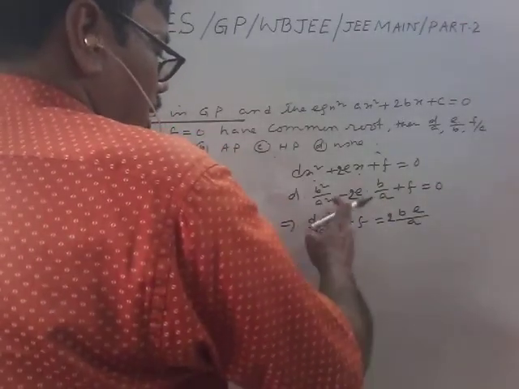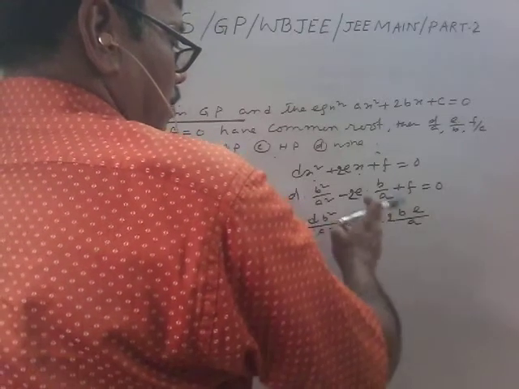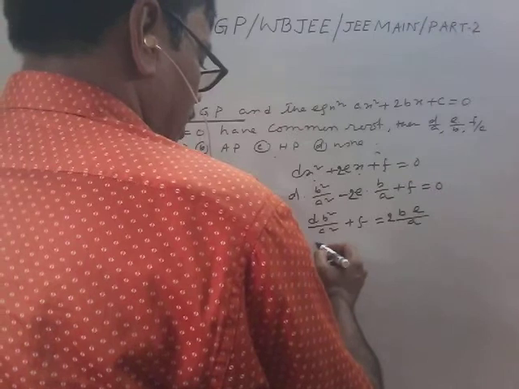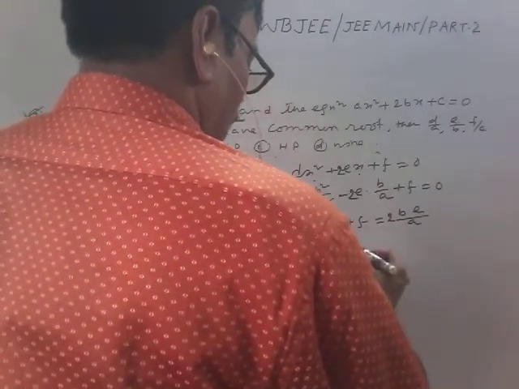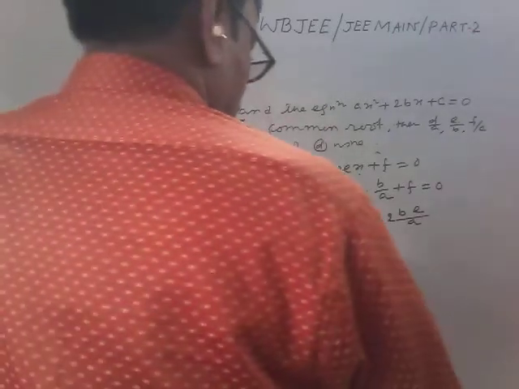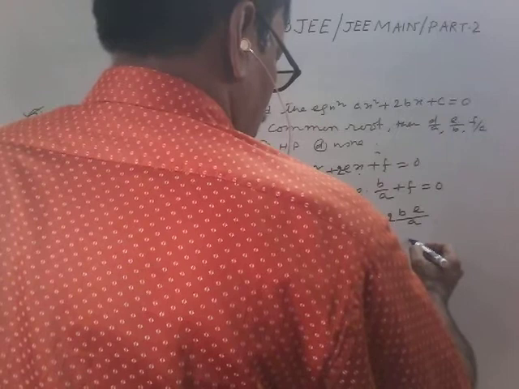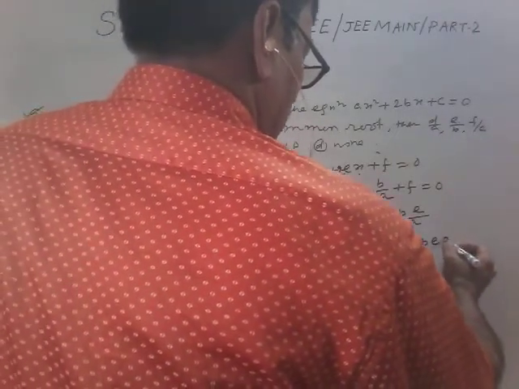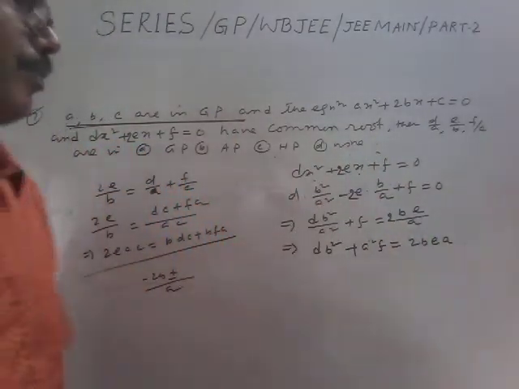So db square by a square plus f equals 2be by a. So finally we are getting db square plus a square f equals 2bea. A square LCM, one a is cancelled.